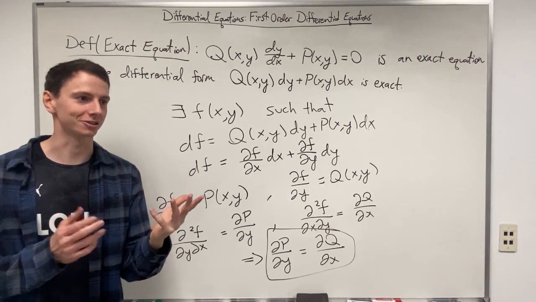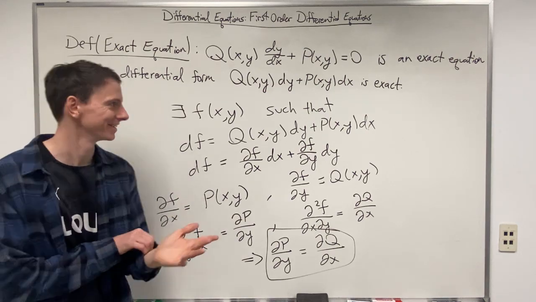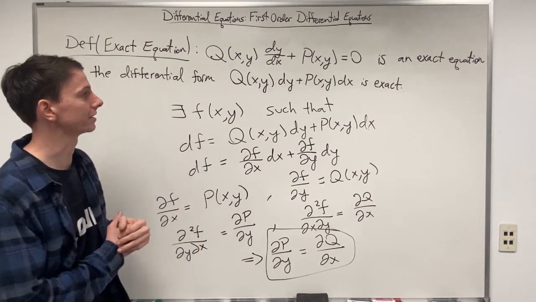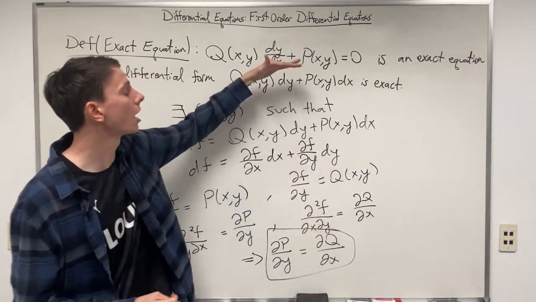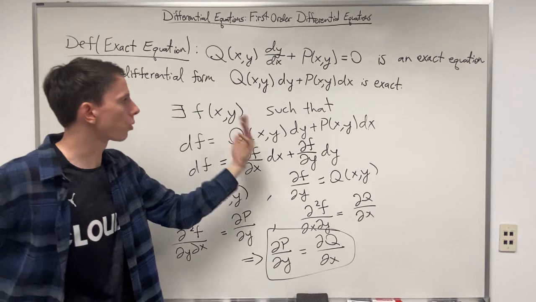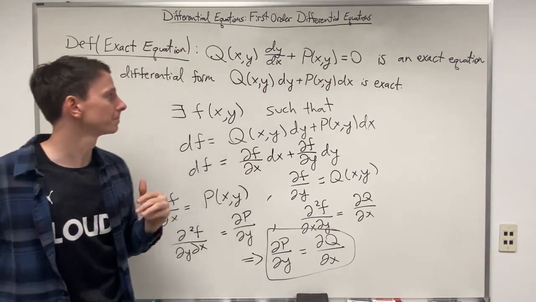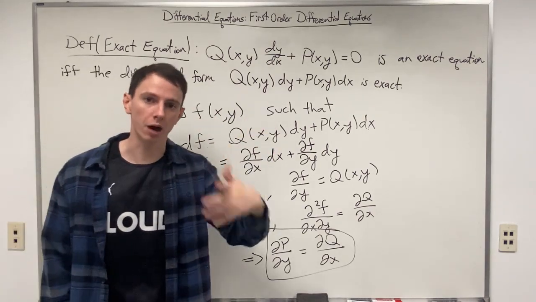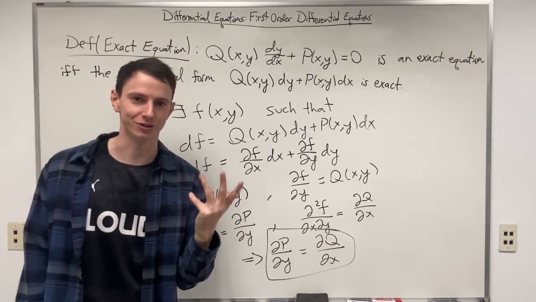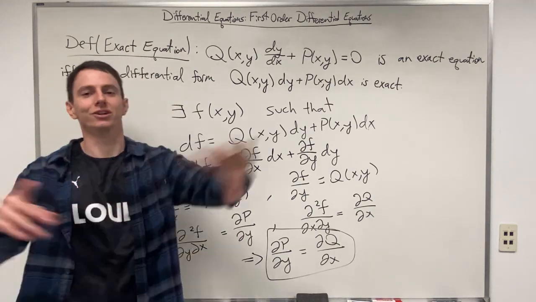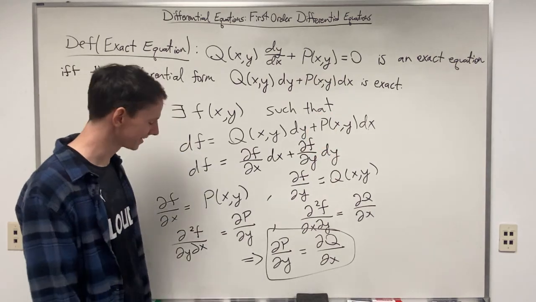And the answer to that is, well, sometimes, but not always, not in the general case. It turns out that in order for the logic to go from bottom to top, you also require this additional condition that the domain of the problem that you're working in is what is called a simply connected domain. As if this was not confusing enough, right?